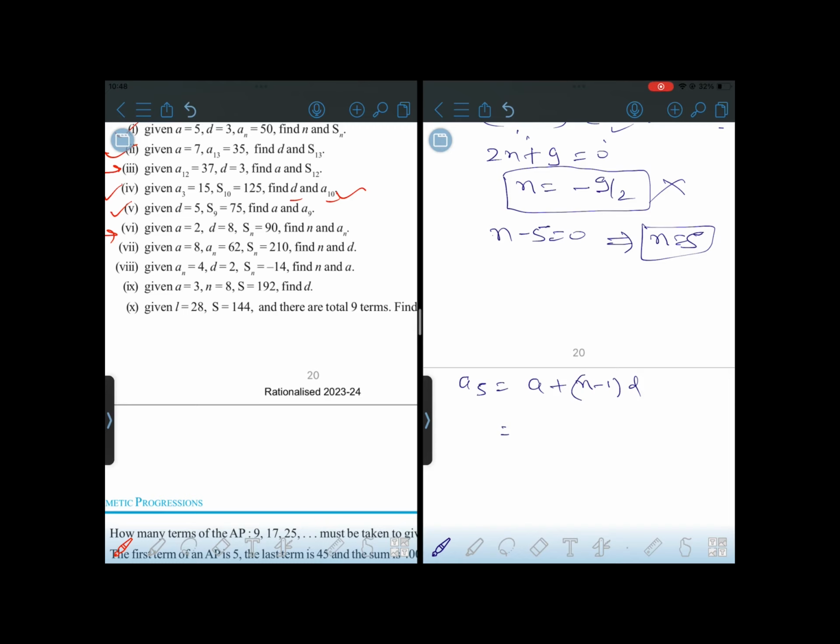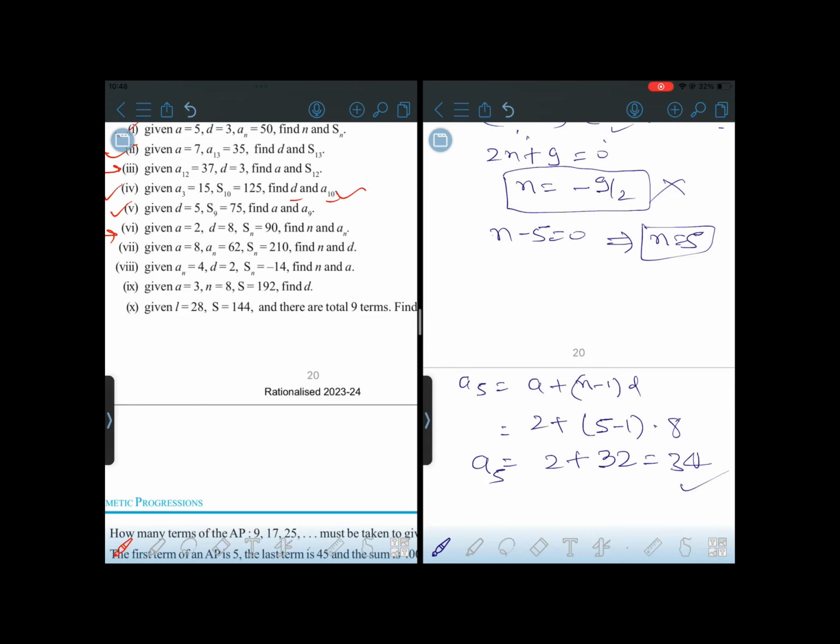The value of a was already given, which is 2. The value of n is 5 minus 1 into d. D was given as 8. So we get 2 plus 4 into 8, that is 32, and now it's 34. So we got the fifth term as well.